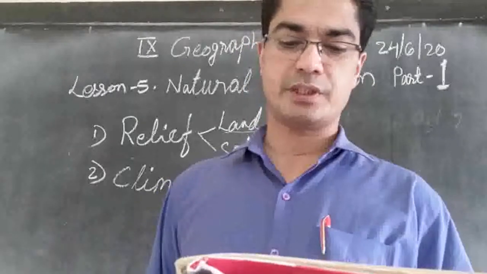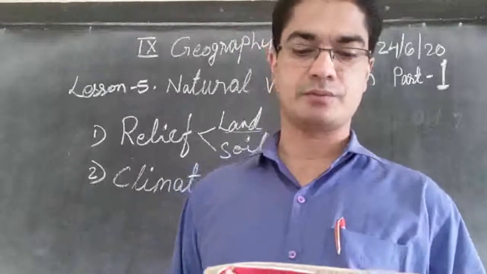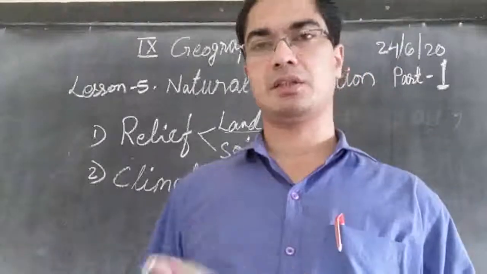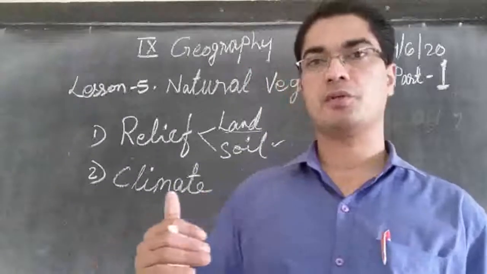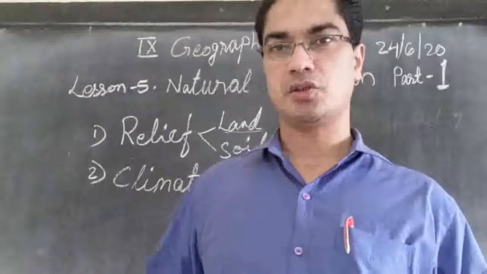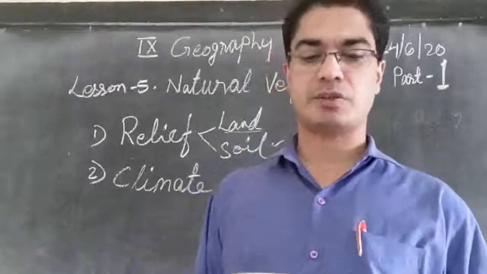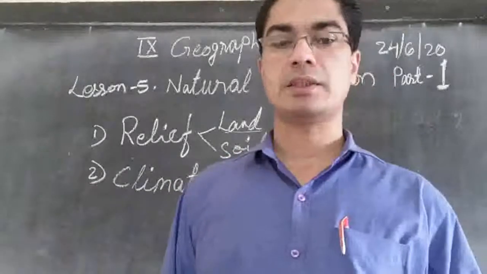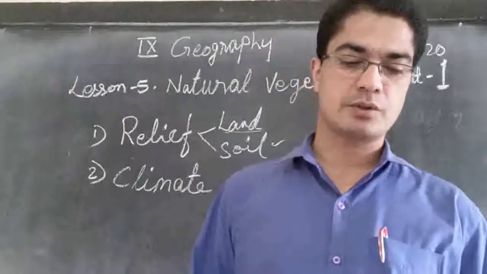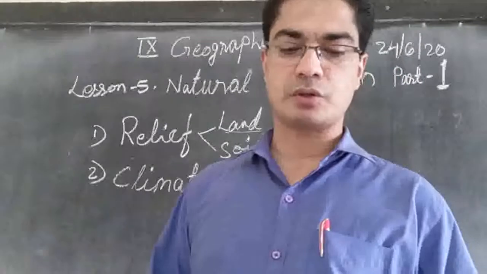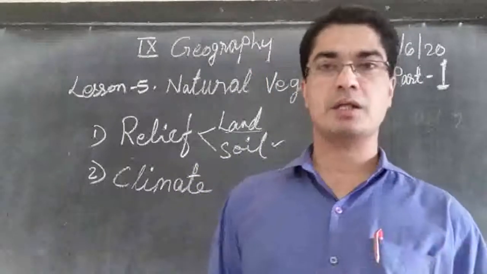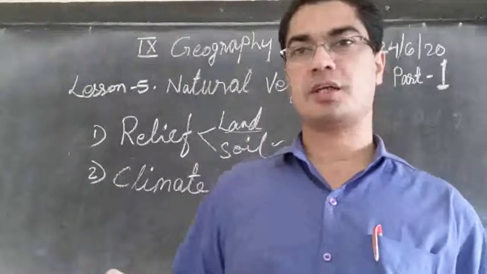And deltaic vegetation: the delta, we have studied in the previous classes, is found along the river where the soil is deposited by the river water. In such areas some kind of trees will be growing. That is called deltaic vegetation. Then the hill slopes with some depth of soil have conical trees. Some of the hills are full of rocks and stones.